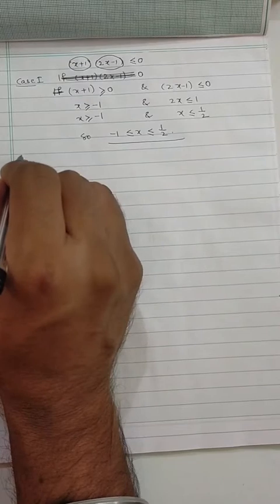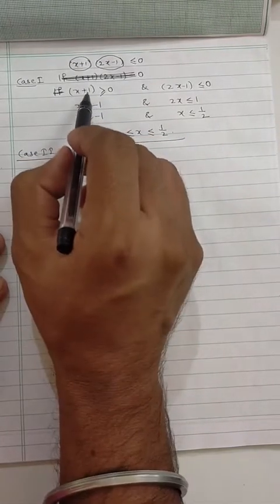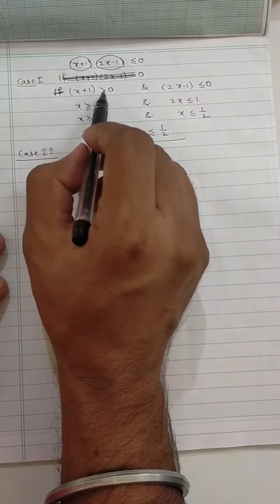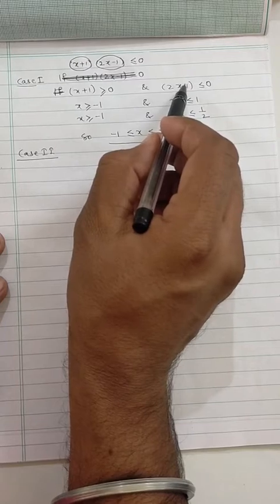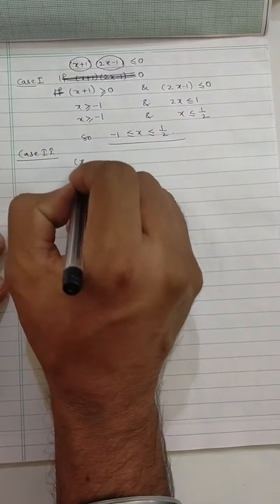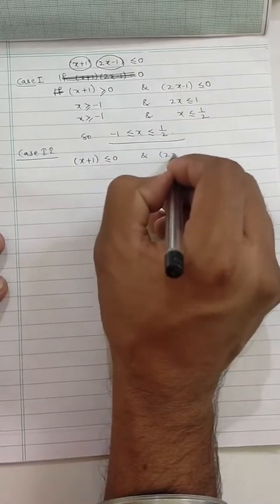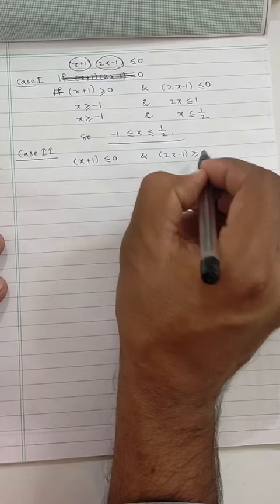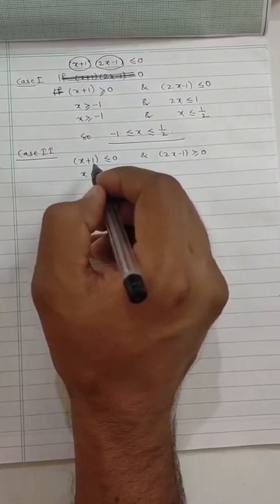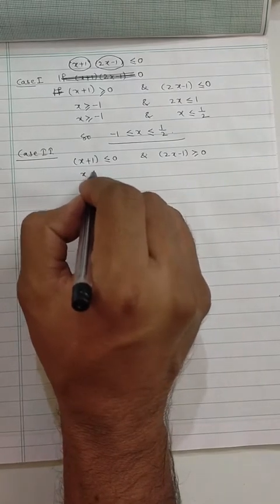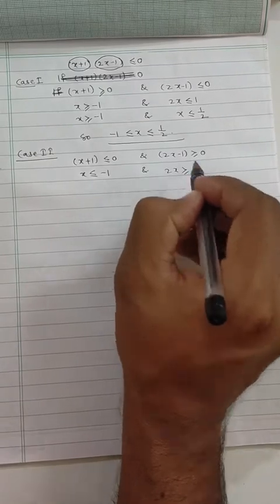And the other case can be: here we considered the first quantity to be greater than or equal to 0 and the second quantity to be less than or equal to 0. Now if I consider the first quantity to be less than or equal to 0 and the second quantity to be greater than or equal to 0, am I getting some value of x? So x is less than or equal to minus 1 and 2x is greater than or equal to 1.